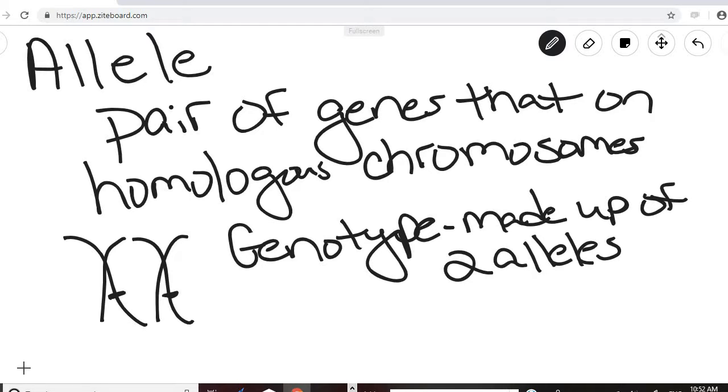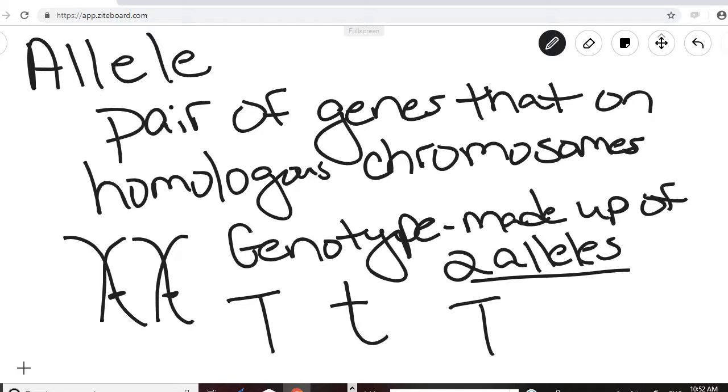And we give those alleles a letter designation. And it's pretty arbitrary, but for example, for tall, we might use the letter T, and for short, we might use the letter lowercase t. So we use upper and lowercase letters to describe these two alleles and the two letter designation.